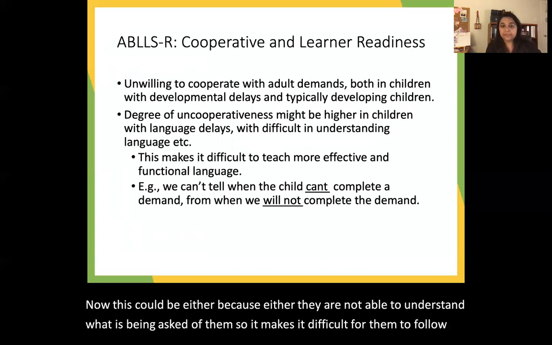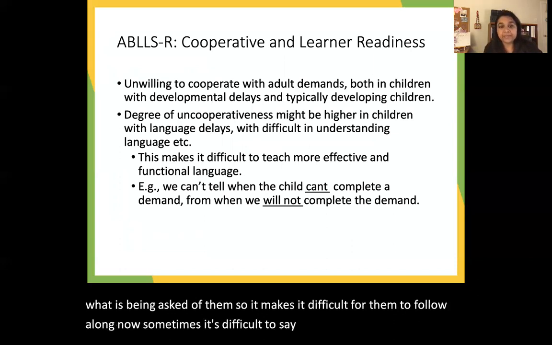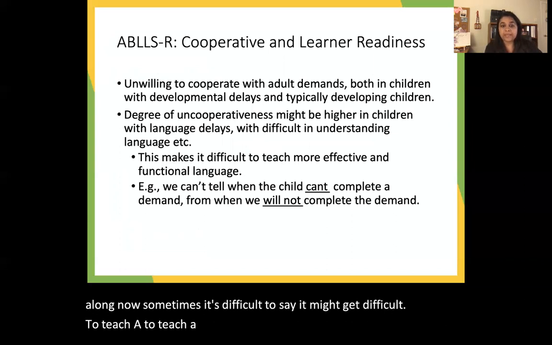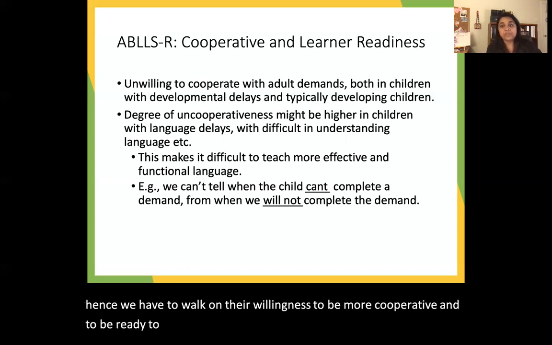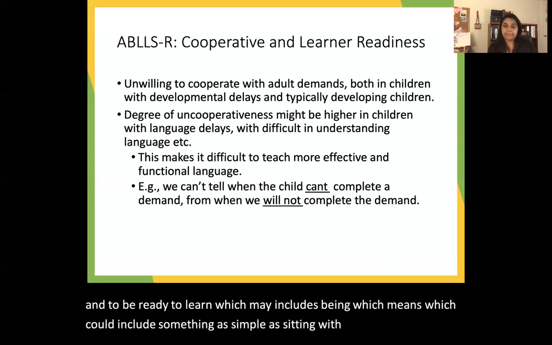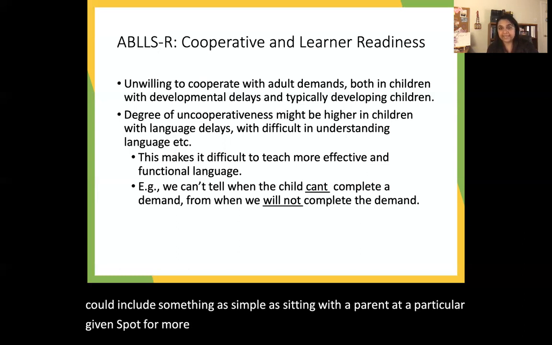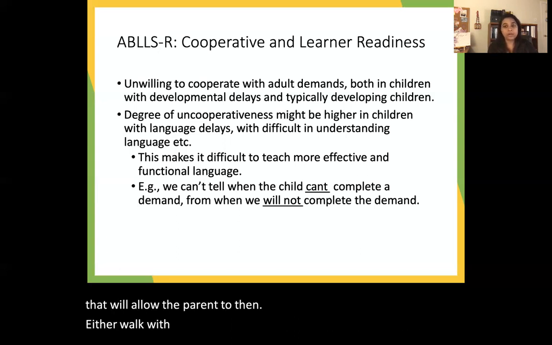Sometimes it might get difficult to teach a child a skill if there's a lot of uncooperativeness. So hence we have to work on their willingness to be more cooperative and to be ready to learn, which could include something as simple as sitting with the parent at a given spot for more than, say, 2 seconds or 5 seconds, so that will allow the parent to then either work with them on a puzzle or play with them.